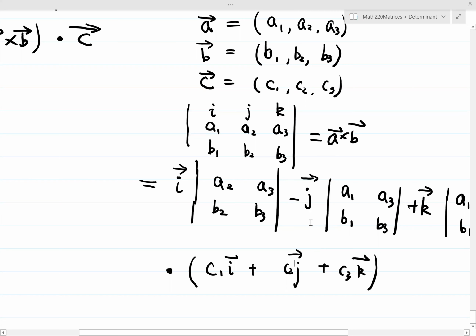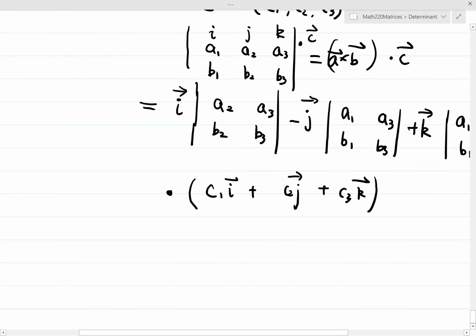The only things that survive are I dot I, J dot J, and K dot K, which are 1. Any other terms vanish because of the orthogonal, perpendicular relation.